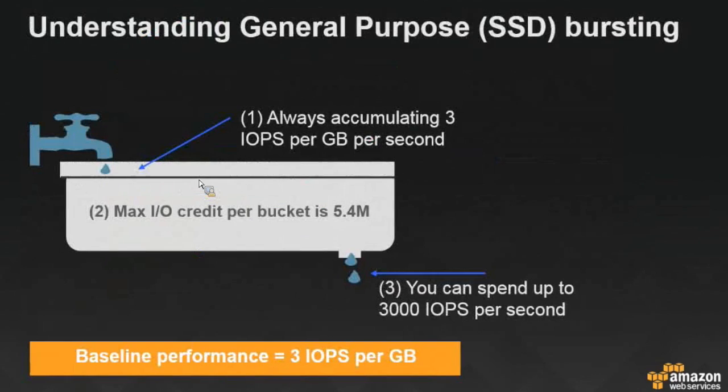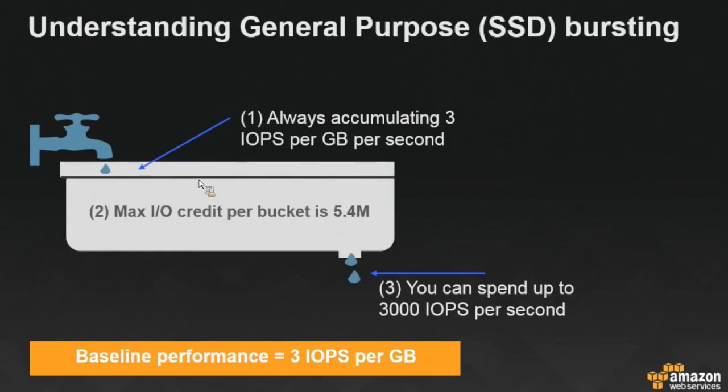So understanding the burst bucket a little bit more. Every single volume that's created in GP2 starts out with an IO credit bucket of 5.4 million IOPS. And you can spend those IOPS up to 3,000 IOPS per second. Now, if your baseline performance exceeds 3,000, your bucket is never going to empty.